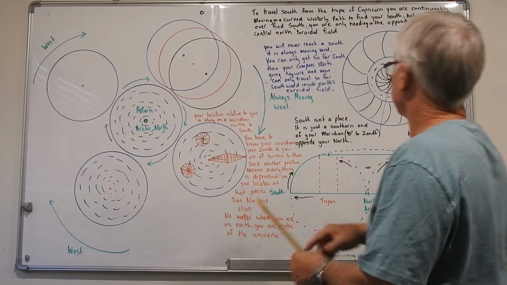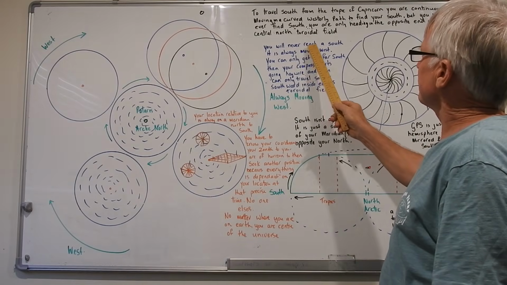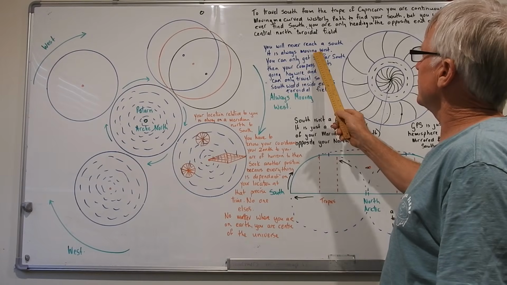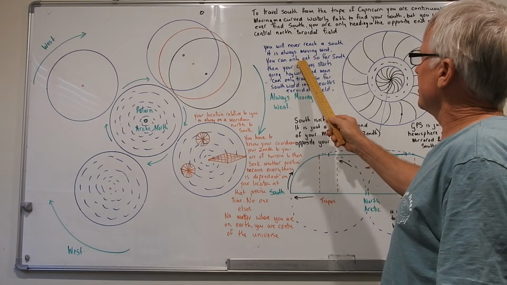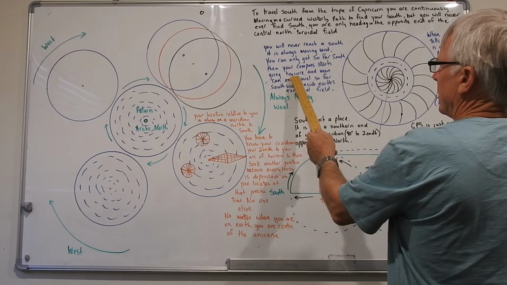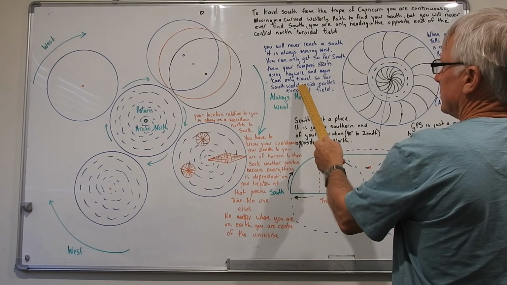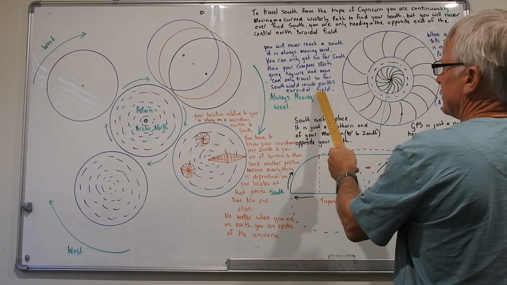Okay? You will never reach a south, it is always moving west. You can only get so far south, then your compass starts going haywire. And man can only travel so far southward inside Earth's toroidal field.